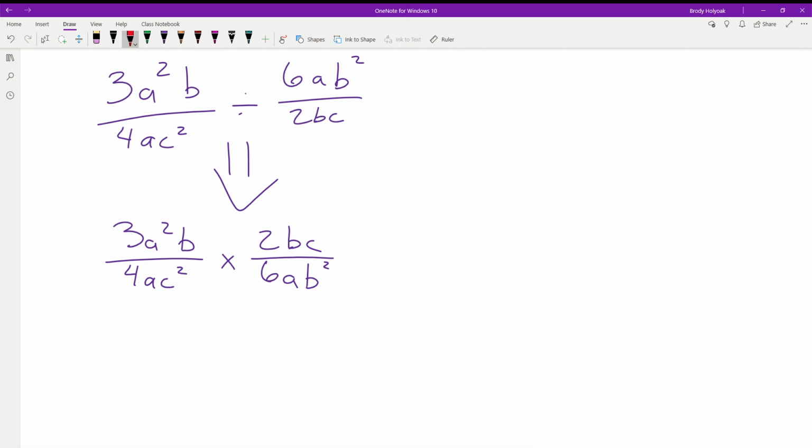Okay? We have an a squared over an a, so the square is going to fall off, and that one's going to fall off. What did you say? 1 over 4c is one answer. Okay? I think yep.